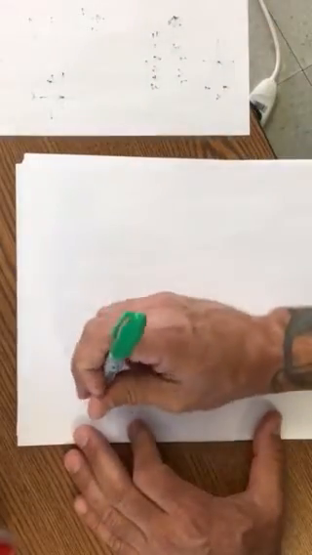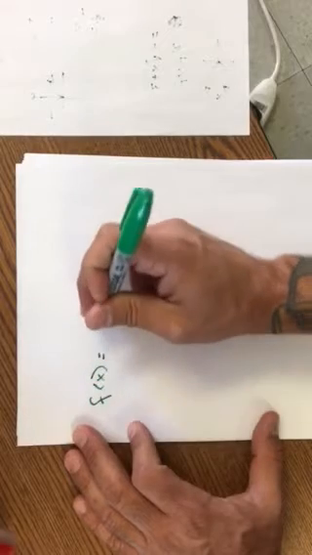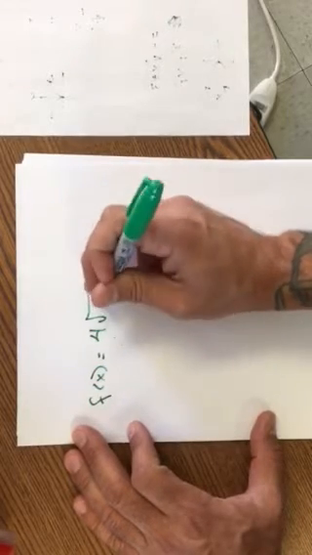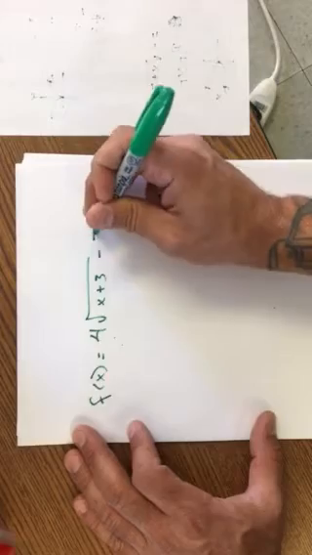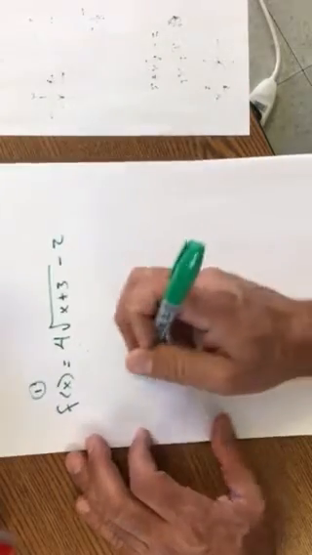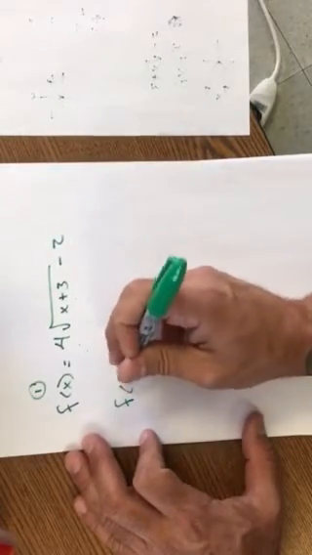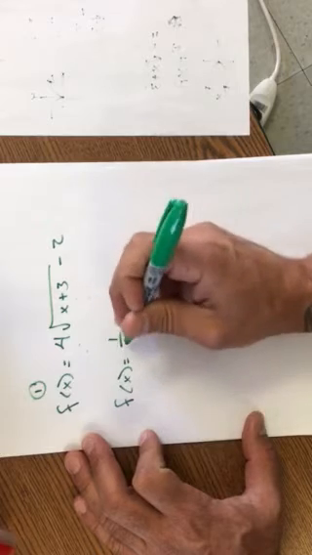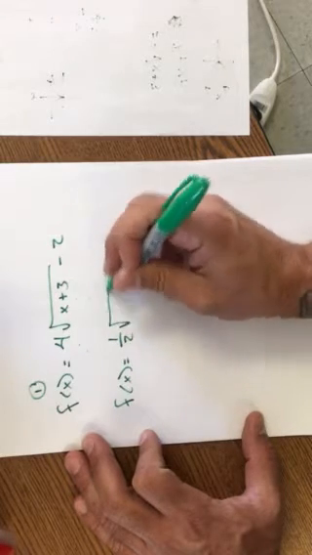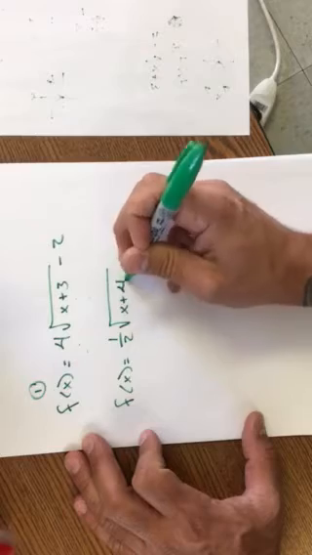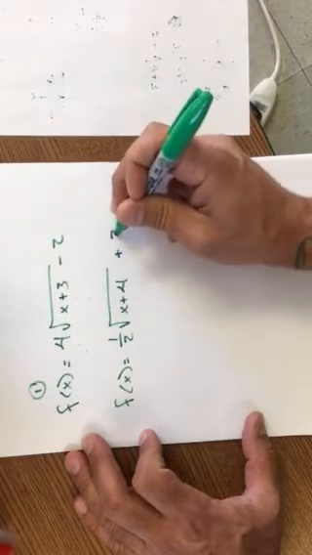So I'm gonna give you stuff that says f of x equals 4 square root of x plus 3 minus 2. This is your first video problem. And I'm gonna give you something that says f of x equals 1/2 square root of x plus 4 plus 3.